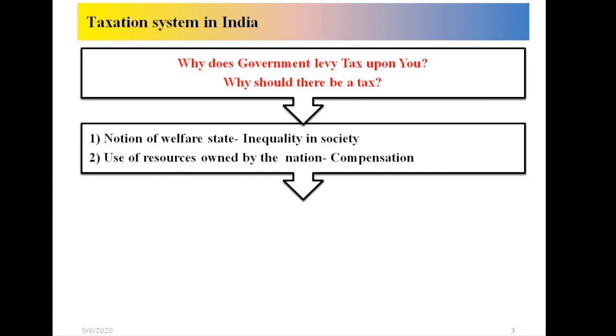And when we are using these resources, then we also have to pay a certain amount as compensation for that. So that's why the government has to levy taxes upon us, and that's why there should be a tax. And I have already discussed that tax is a compulsory financial charge imposed on the taxpayer.